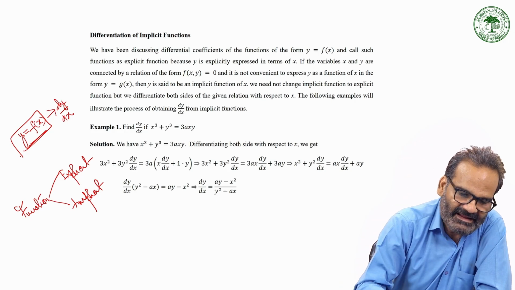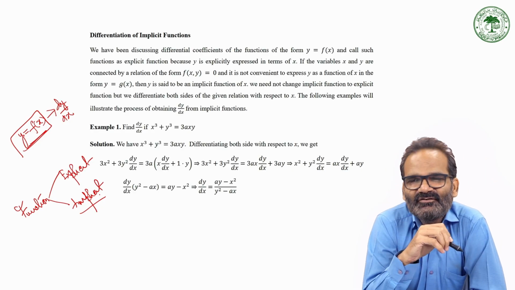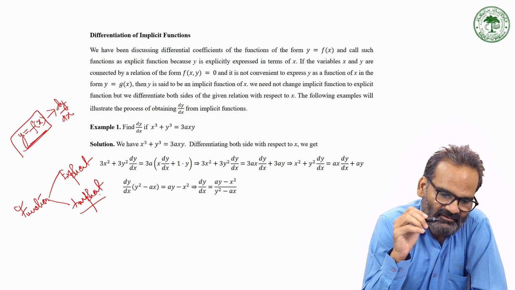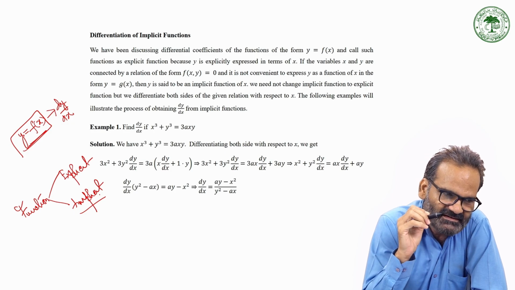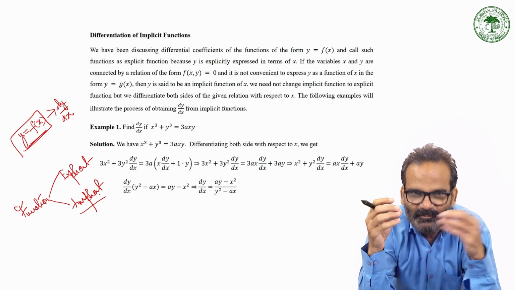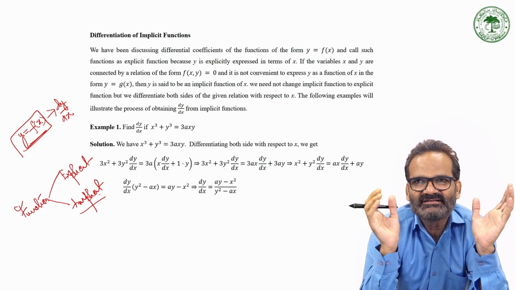Now, the second case is implicit. Implicit means anything which is not explicit. You can also understand implicit in terms of commerce: implicit simply refers to a mixture of two things in such a way that they cannot be separated again.